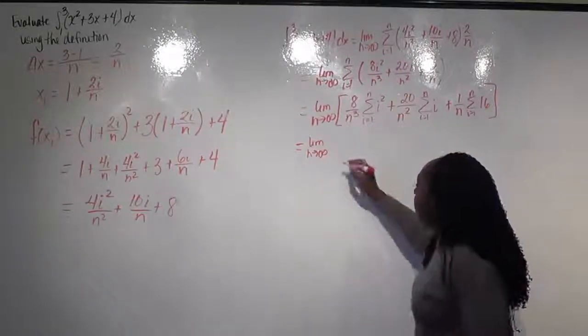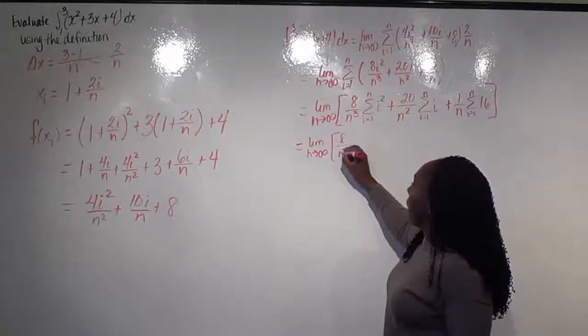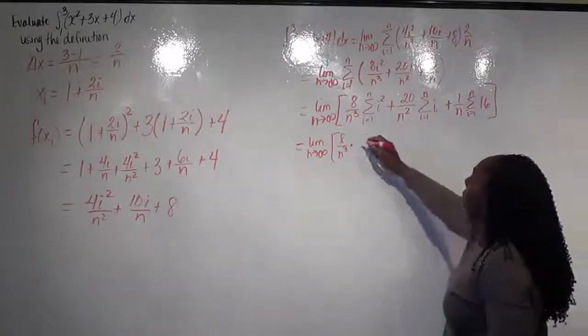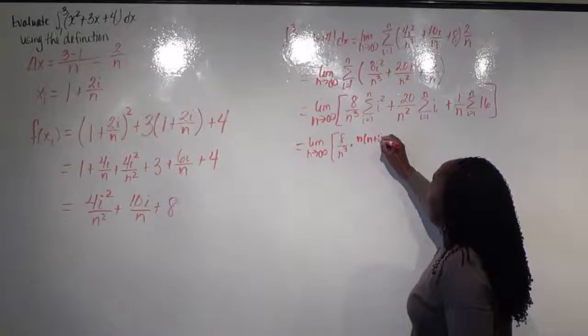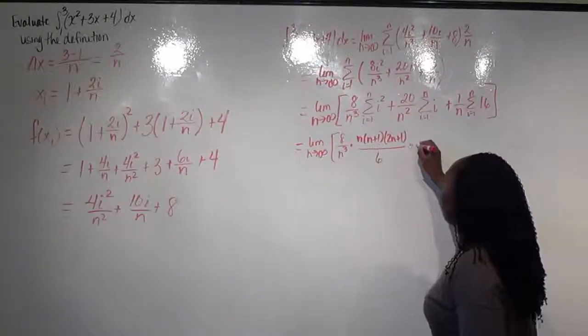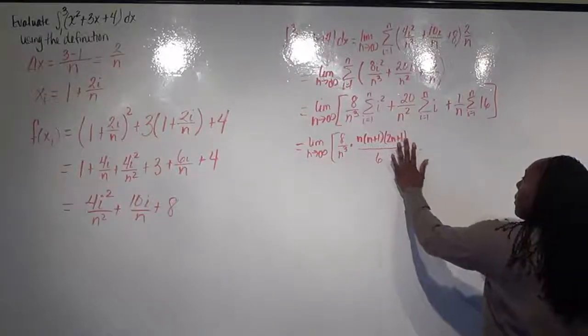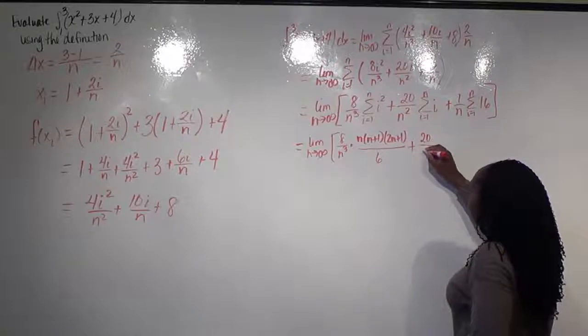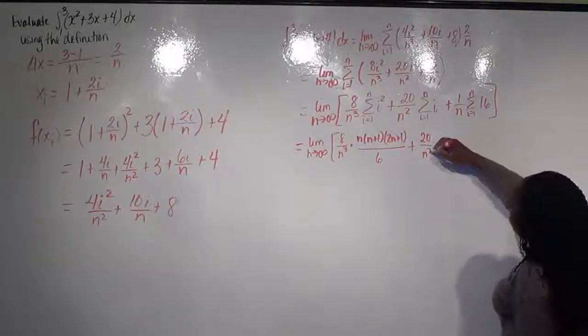So here we'll get 8 over n cubed, multiplied by our summation for i squared, which is n plus 1 times 2n plus 1, all over 6. Oops, it's a plus. 20 over n squared times our summation for i.